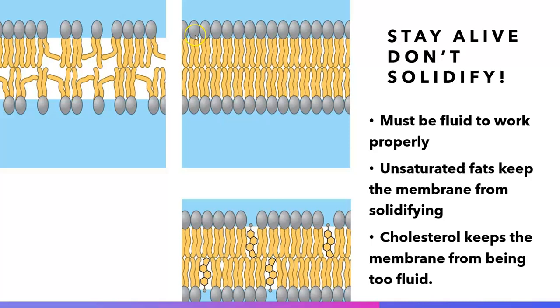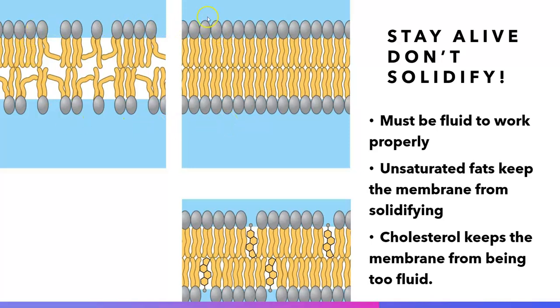We don't want our membranes to be very runny at all. But we need to be able to squeeze in between these phospholipids and move molecules across our membranes. So we want it to be a barrier, but not a solid barrier. They have to be fluid to work properly.